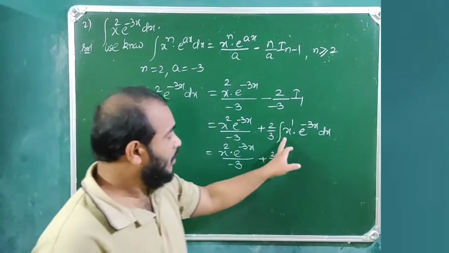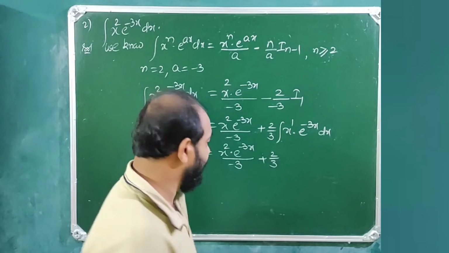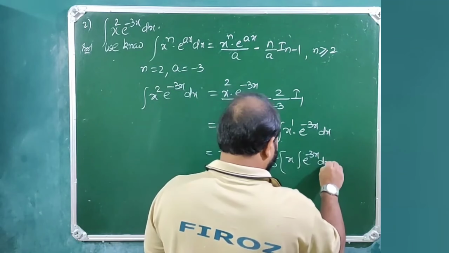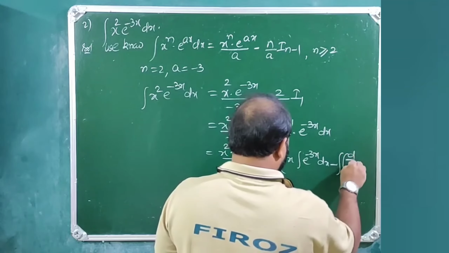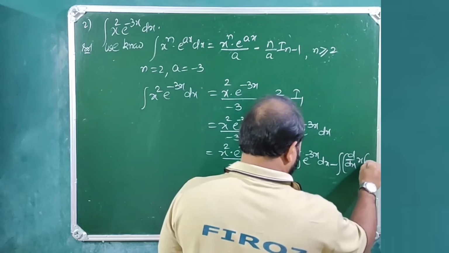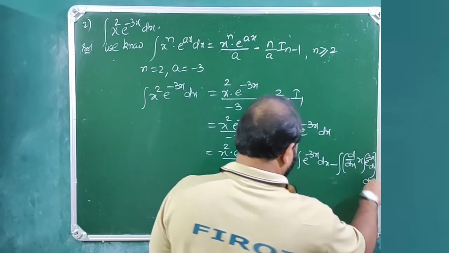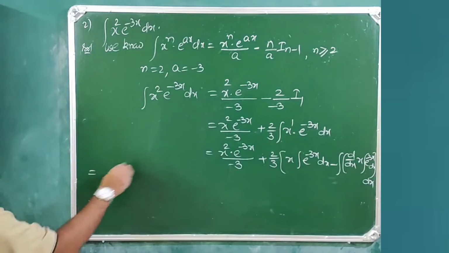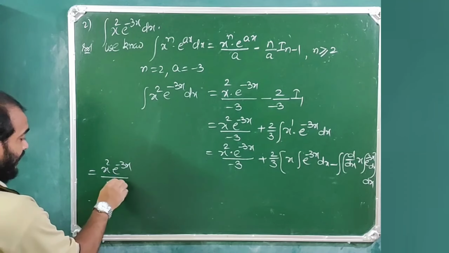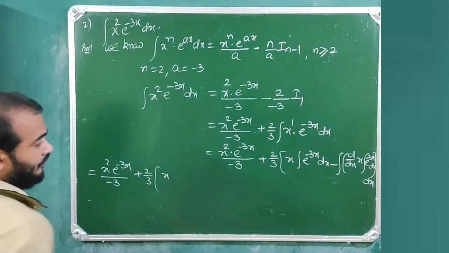So this is product of two functions. So by parts method is used. So this is first function into integral of second function dx minus integral of d by dx of first function into integral second function dx whole dx. So this is equals to x square into e power minus 3x by minus 3 plus 2 by 3 into x.